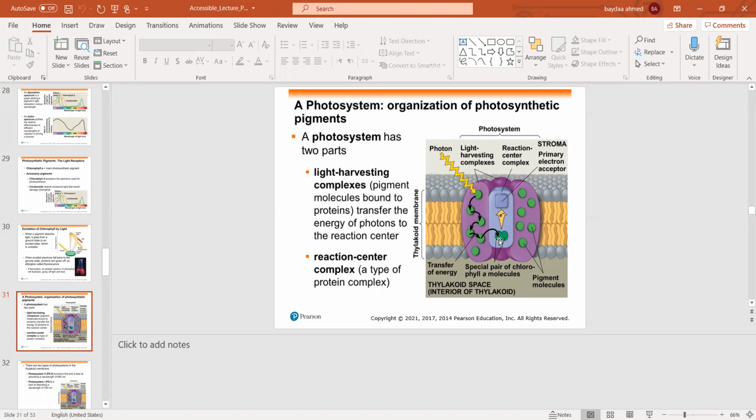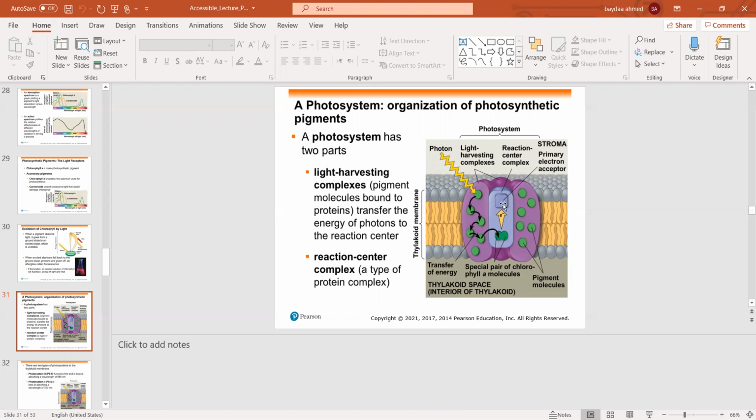Each light harvesting complex consists of various pigment molecules, which may include chlorophyll A, chlorophyll B, and multiple carotenoids bound to proteins. Together, these light harvesting complexes act as an antenna for the reaction center complex.